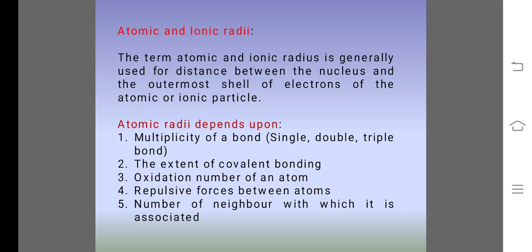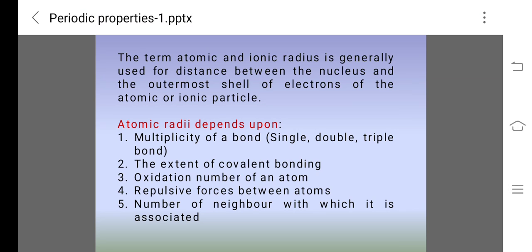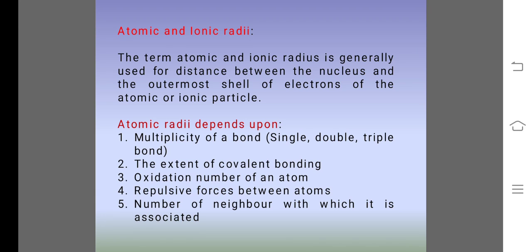Here atomic radii depends upon some factors. First one is the multiplicity of a bond, whether the bond is single bond, double bond or triple bond. The atomic radii depends upon the bonding. If there is a single bond, the distance may be more. If there is a double bond, then the distance becomes less.